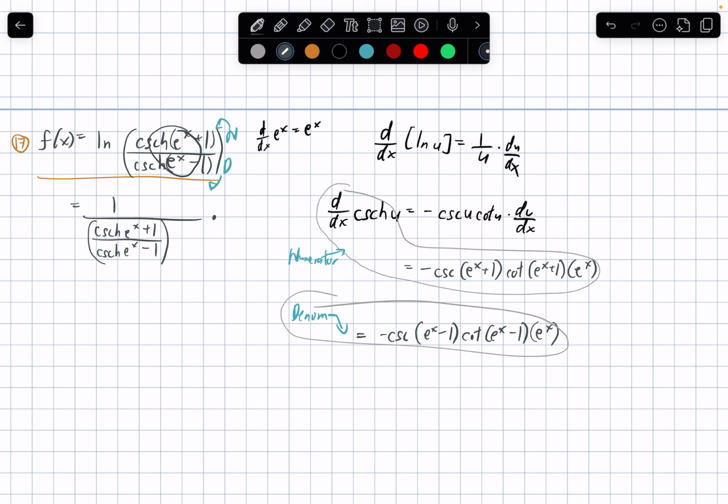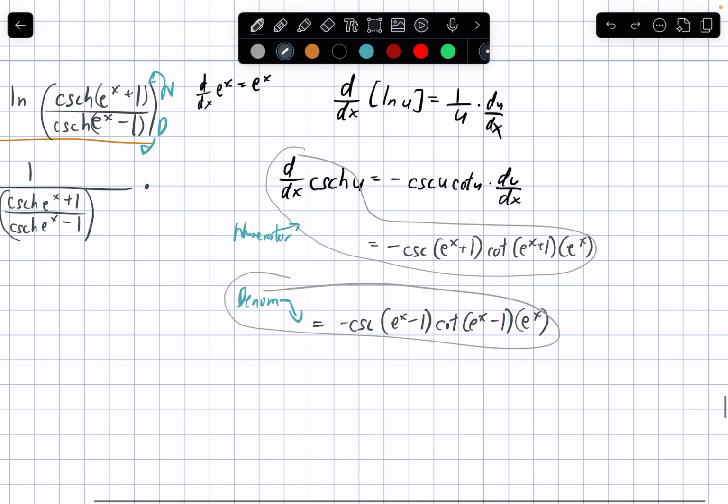So I think we're going to apply quotient rule. Quotient rule.